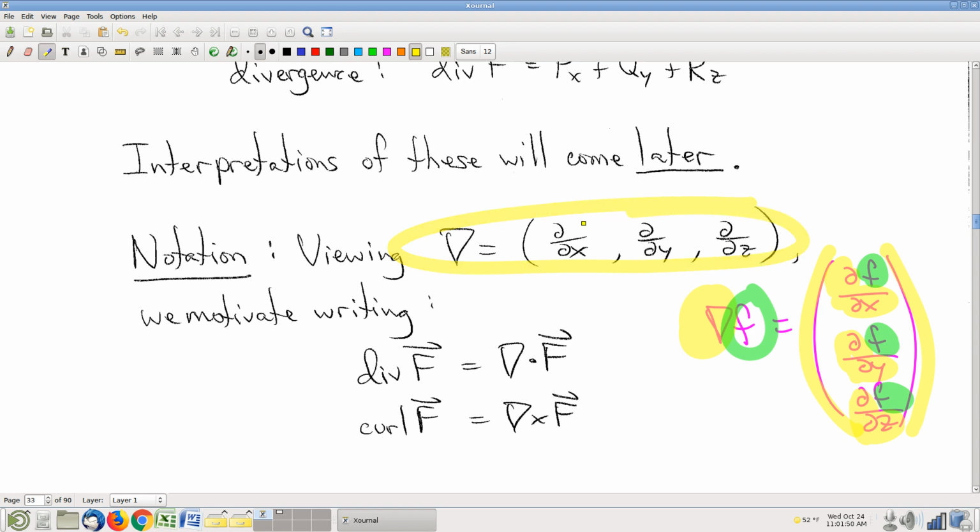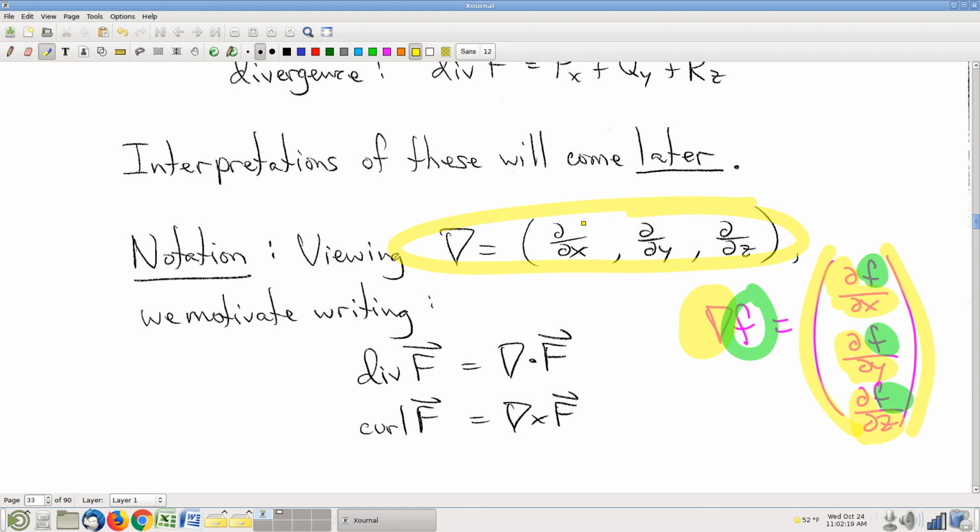It's a notational choice to view the upside down delta, the triangle, that little symbol. They call it nabla for some reason. Sometimes, more often, people call it del. Whatever. So that del operator is that thing, whatever that means.